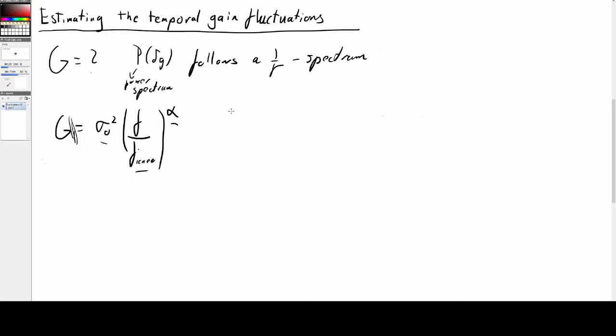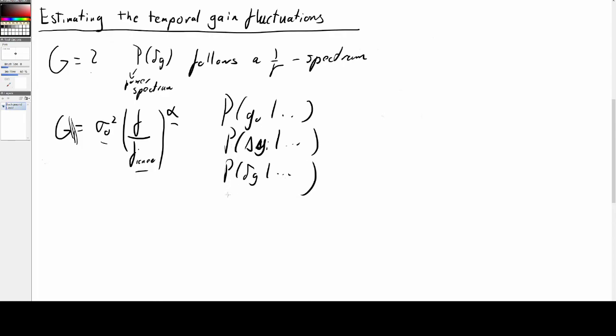So what we can do is, after we have sampled our gain parameters, we can insert a sampling step where we sample these parameters.